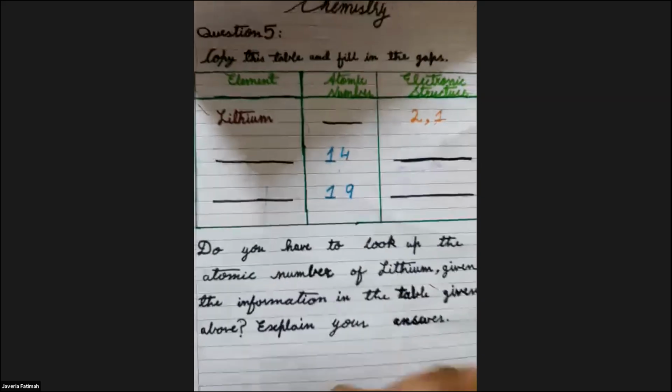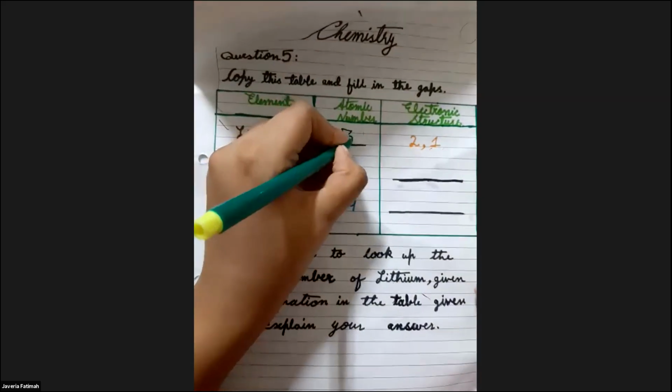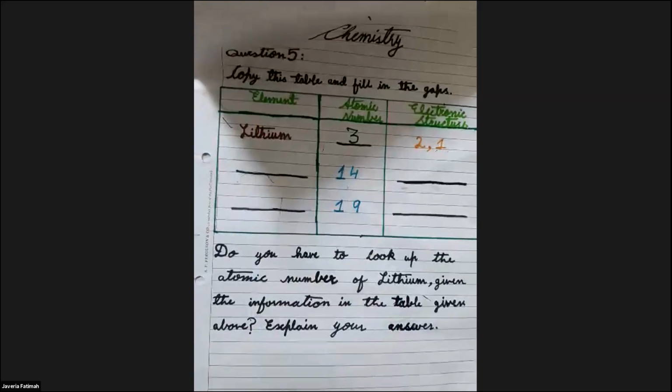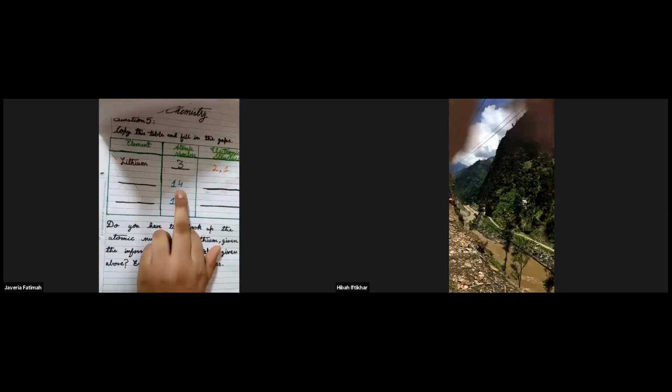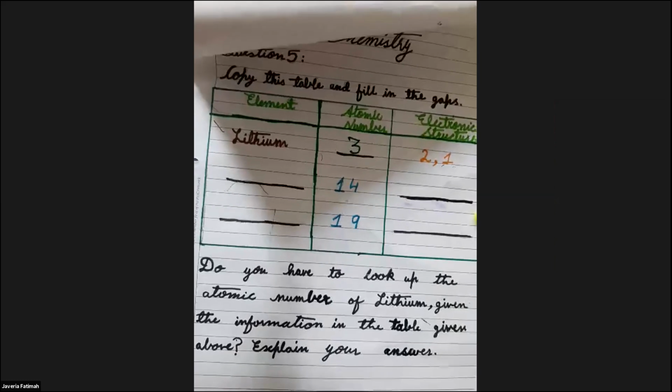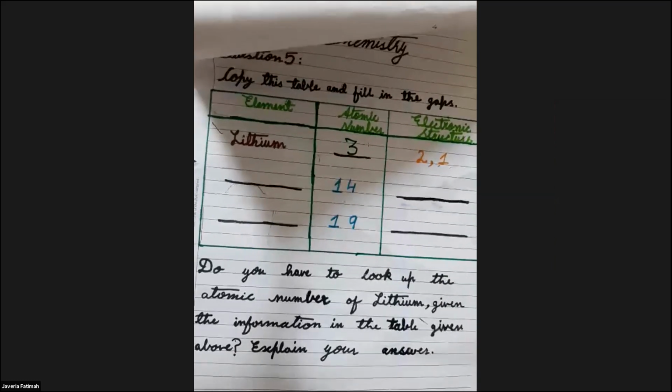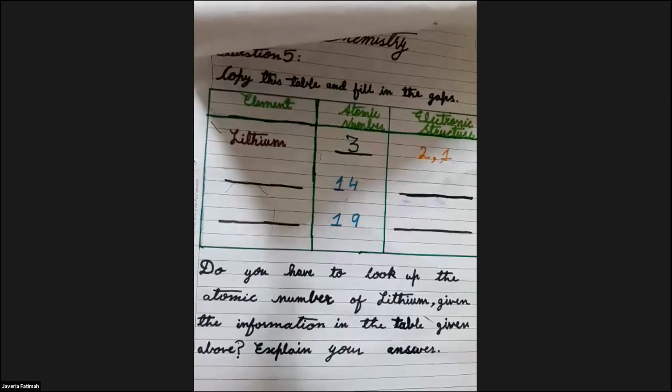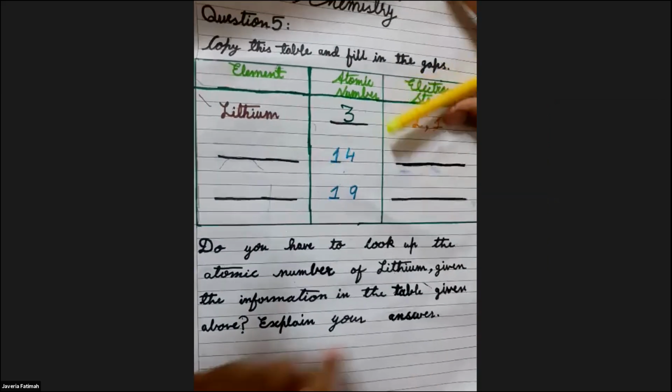Okay, Javeria, we are listening to you. Next we have atomic number 14. Javeria, how did you write 3 in the table?